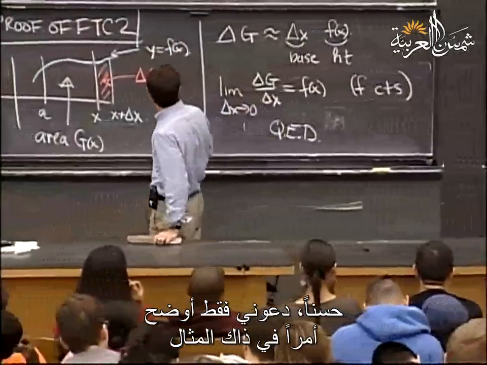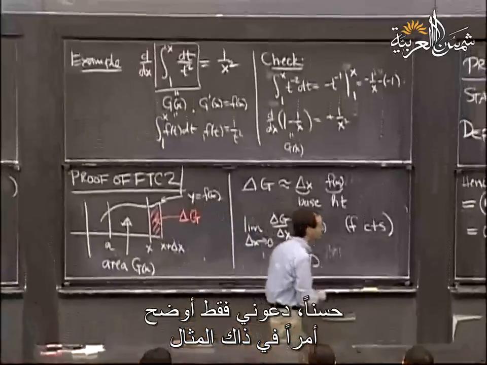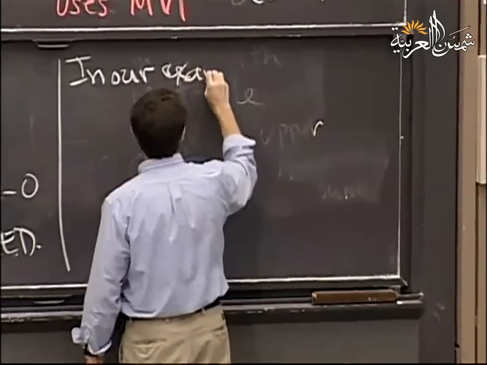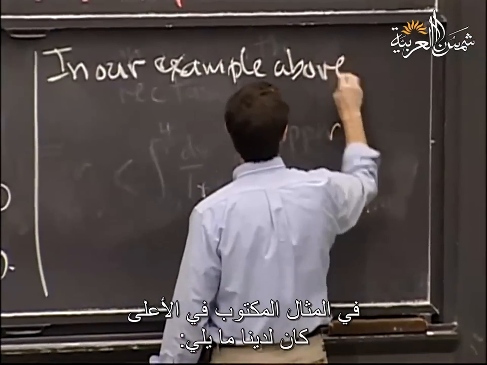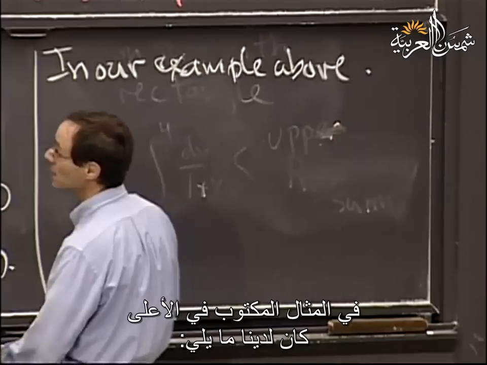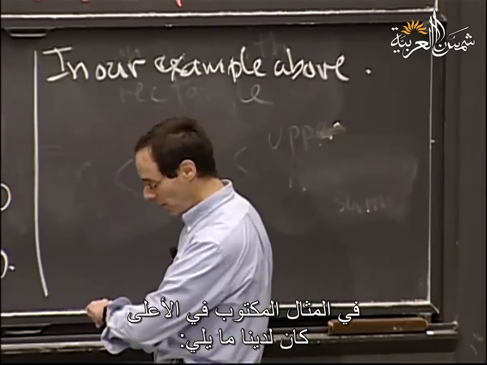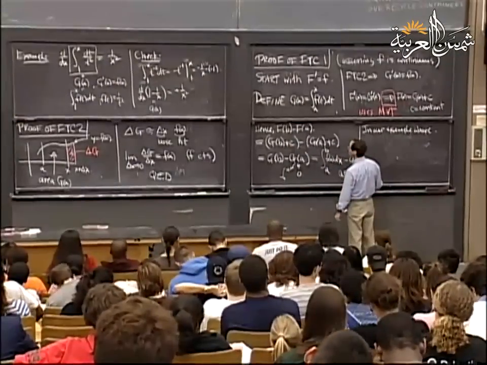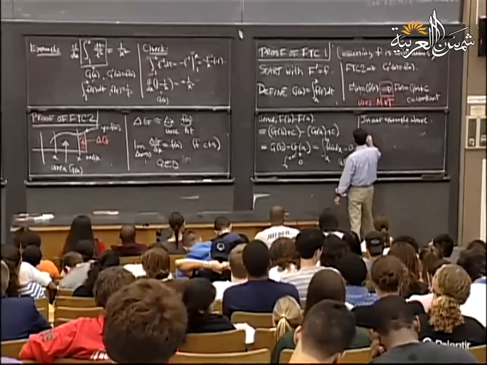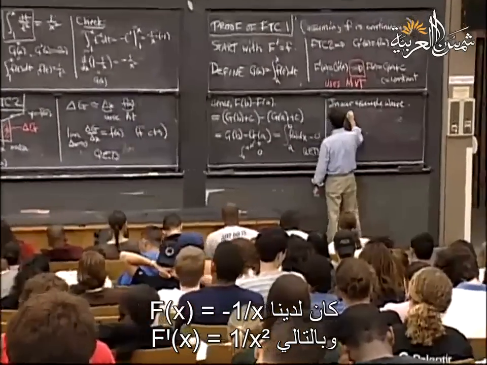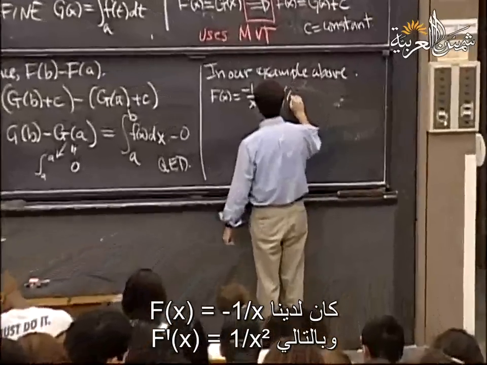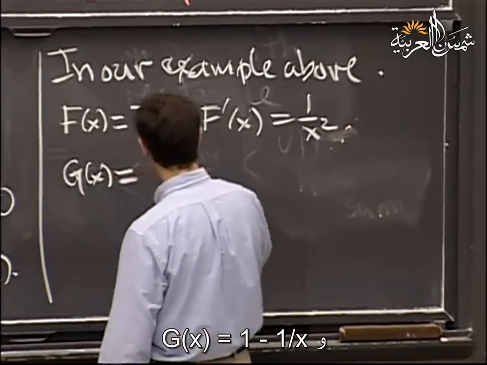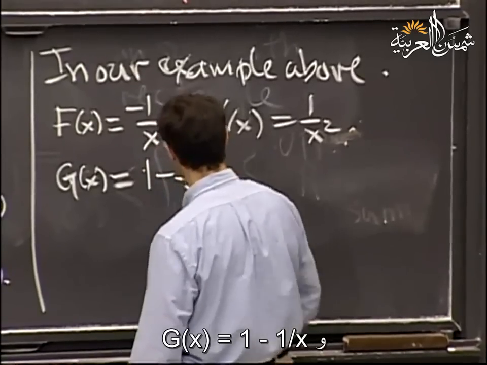Okay. So let me just notice that in the example that we had, before we go on to something else here, in the example above, what we had was the following thing. We had, say, f of x is equal to minus 1 over x, so f prime of x is 1 over x squared, and say g of x is equal to 1 minus 1 over x.